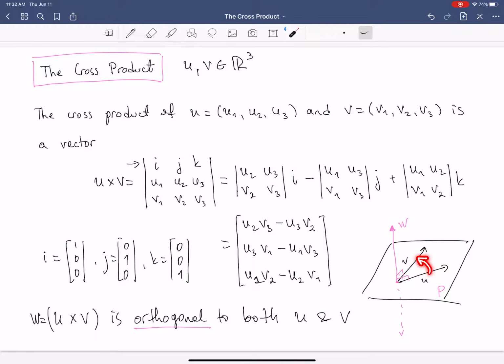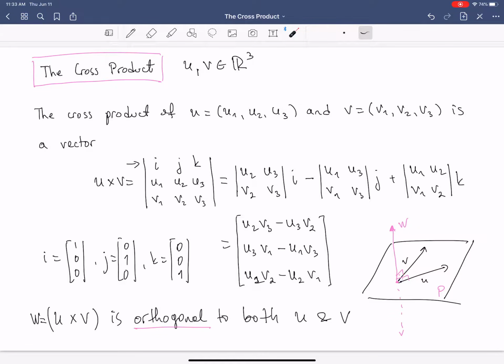If you go in the clockwise direction, v cross u, then your vector W, or the cross product, will be pointing downwards. And as noted, if you switch places between u and v, you change the sign, and that just means you change the direction of the vector W. It continues to be orthogonal, it continues to have the same magnitude, but it is now pointing in the opposite direction.